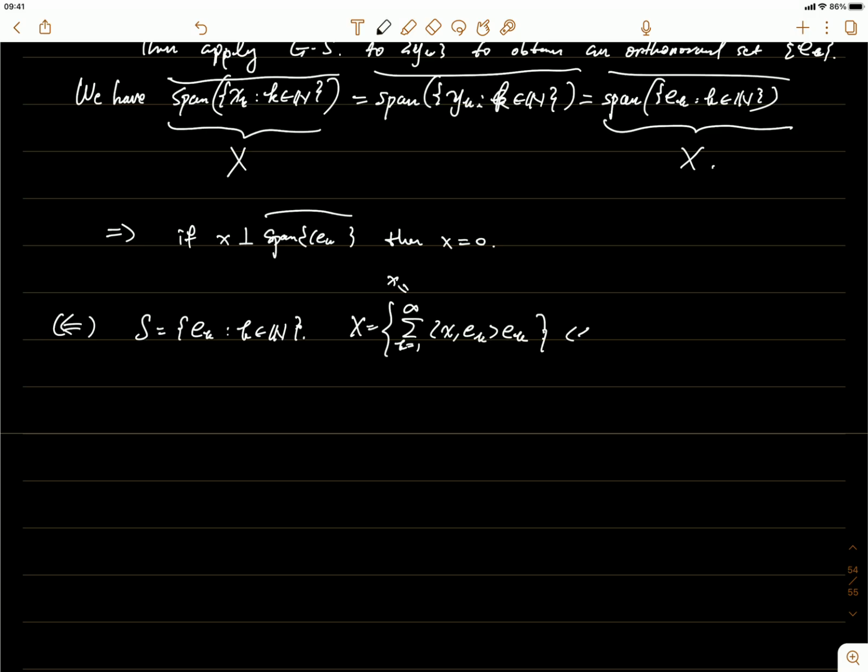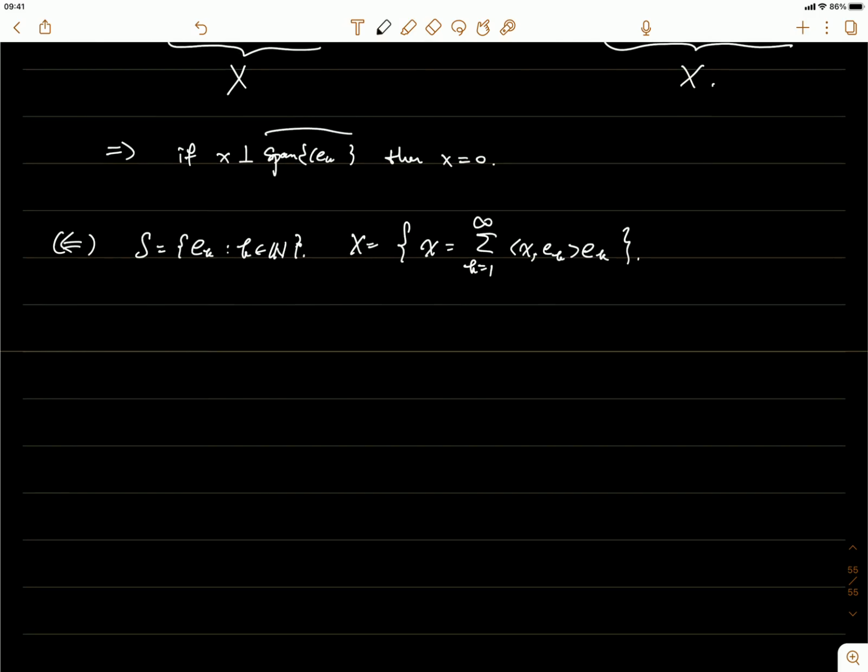Well, now I just need to check if this forms a countable set. Because, as I've said, S is a countable basis, then we know that every x can be written in this way.